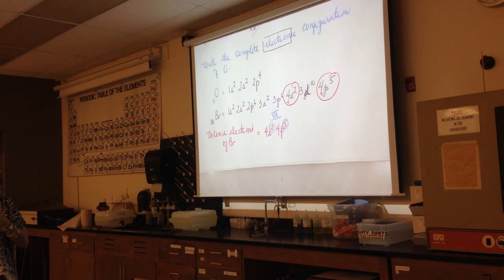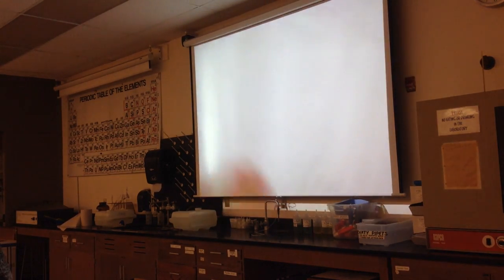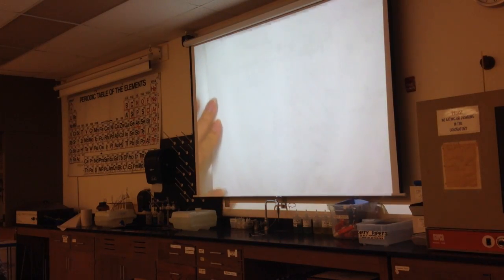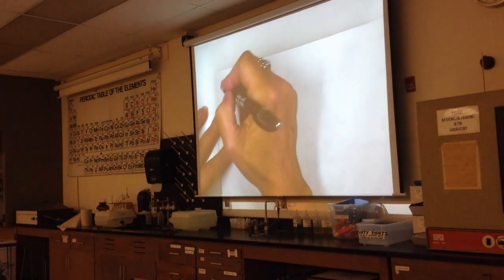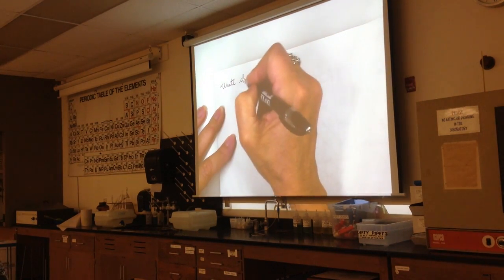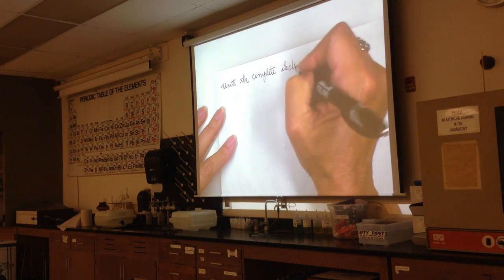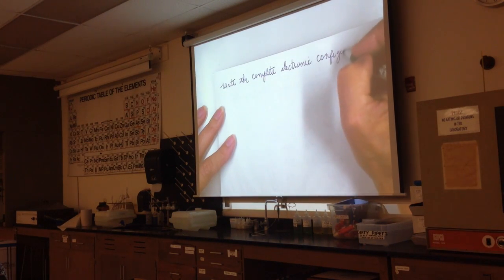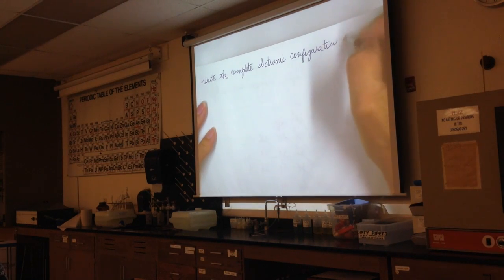Is everybody okay? All right, let's do one more. Let's take a look at selenium. Would you be able to do selenium? Here is some of the things that we can ask. Write the complete electronic configuration for selenium.